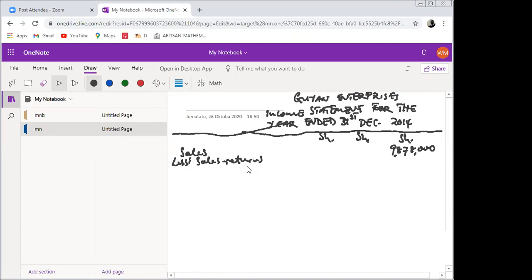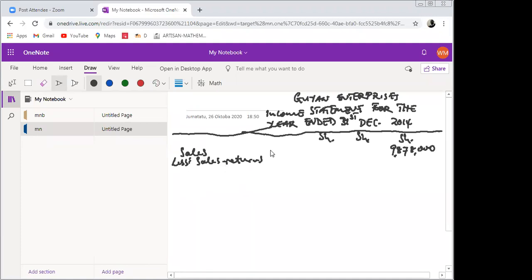Anybody with a different opinion? Everybody is contented that the return is supposed to be 50,000? 68,000. Okay. Anyway, the correct figure is 68,000. Remember, sales and sales returns are not on the same side.